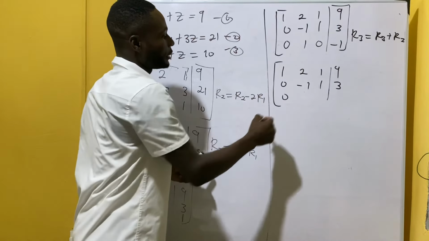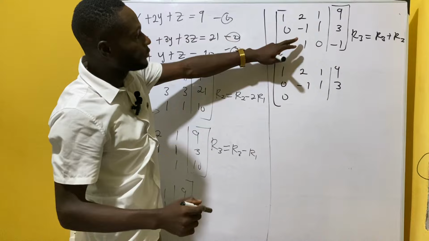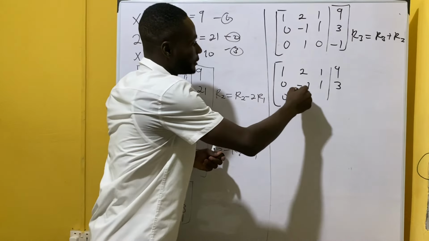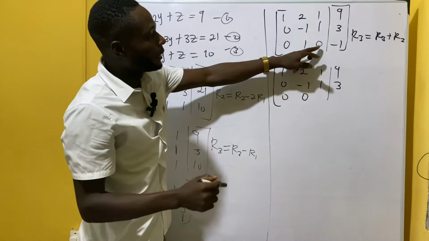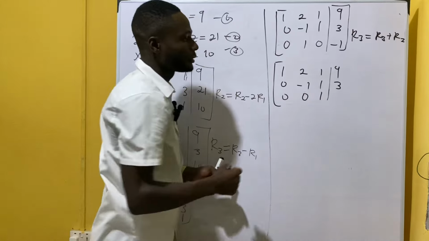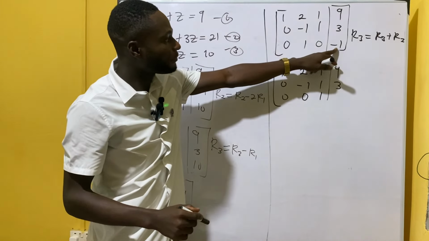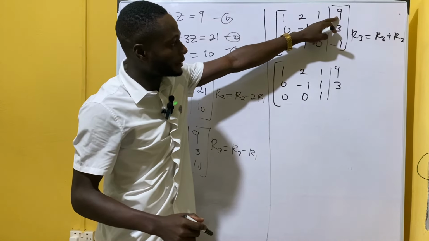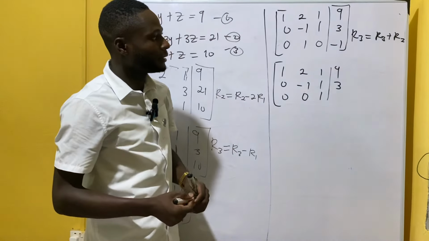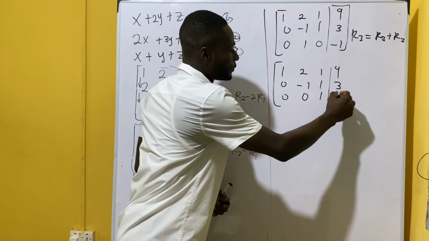Then come down here, 1 plus negative 1, and that is 0. 0 plus 1, and that is also 1, right? We have negative 1 plus 9, negative 1 plus 3, and that is positive 2.